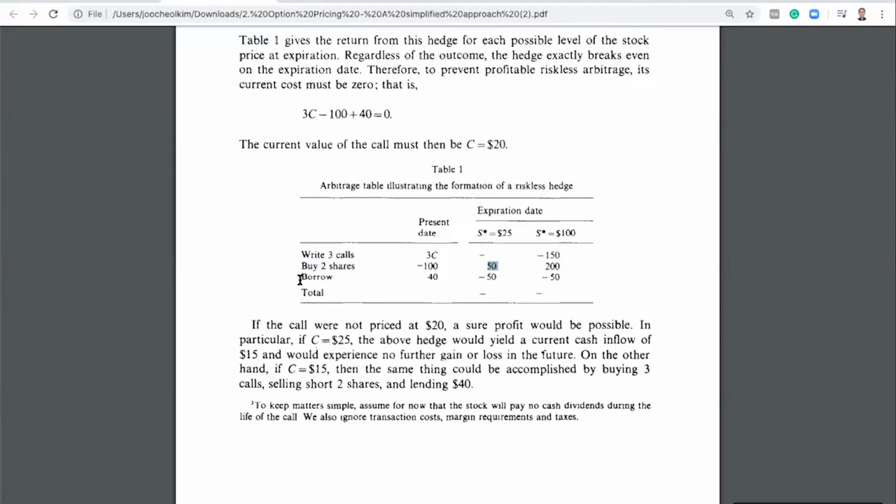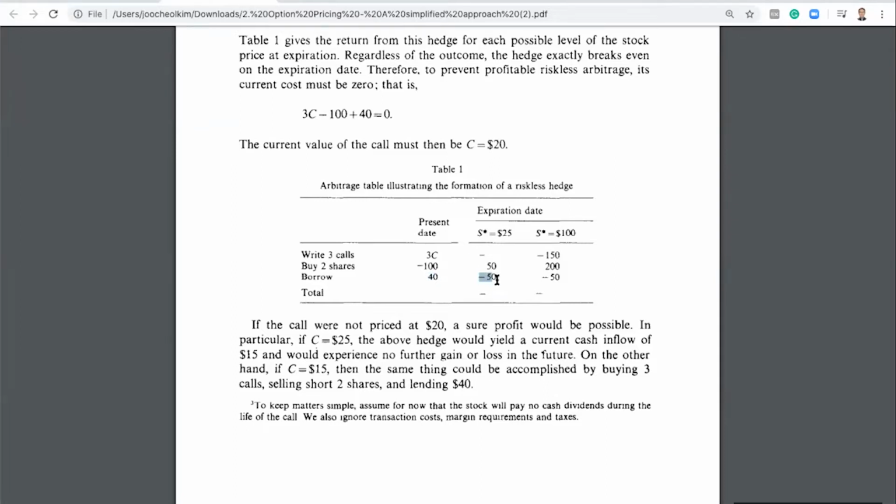Then I have to pay back my money to the bank. I borrowed $40, and the interest rate was 25%. So the interest is $10 for $40. If I add the principal and the interest, that will be a total of $50. So I have to pay back $50 to the bank.